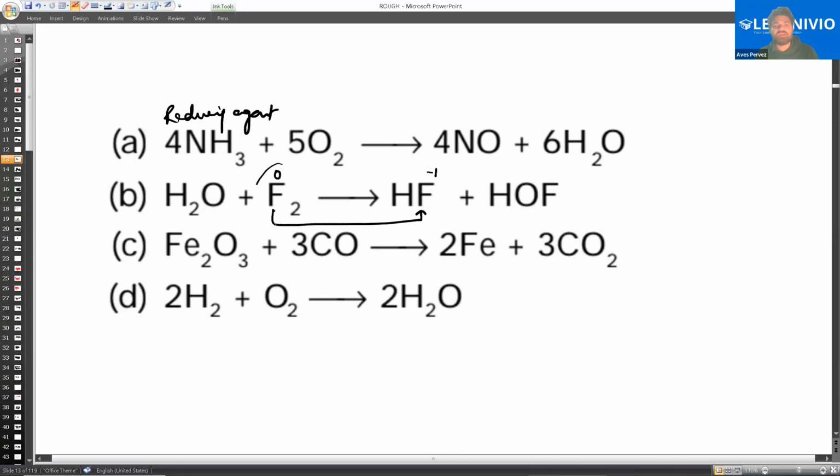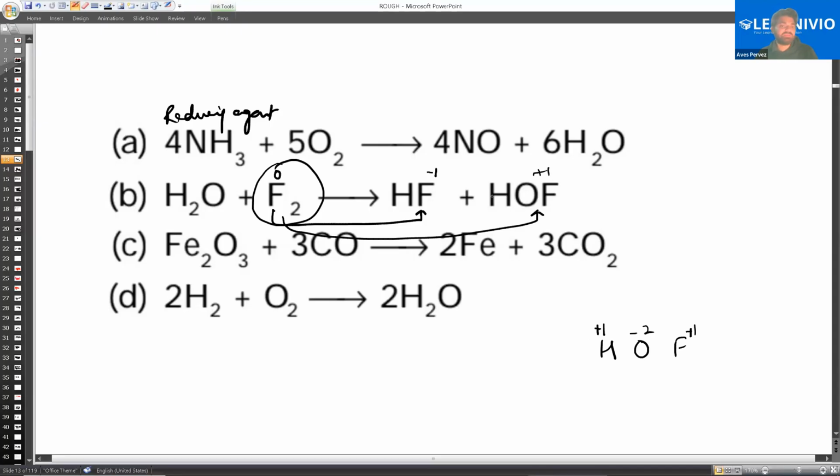Now in HOF, O is having -2, hydrogen is having +1, and F is also having +1. O generally has -2, so this is 0. So now it has +1 oxidation state.